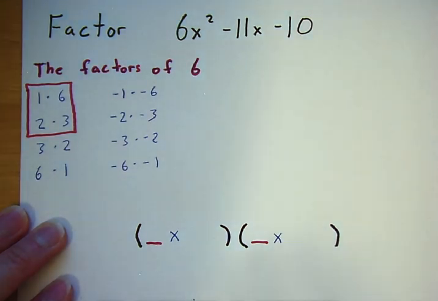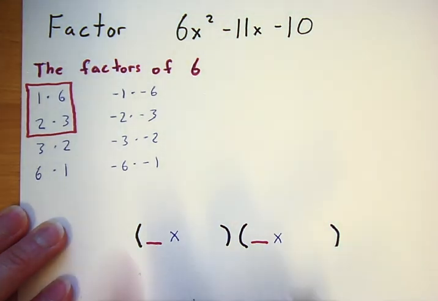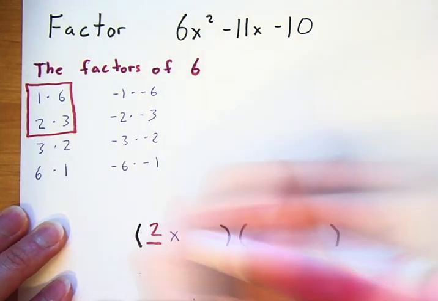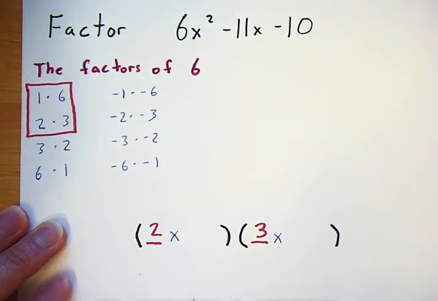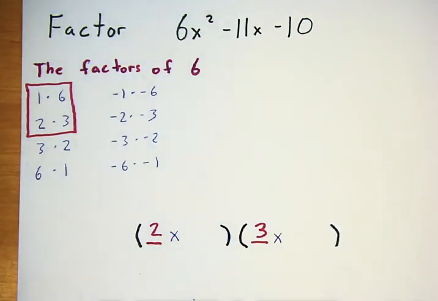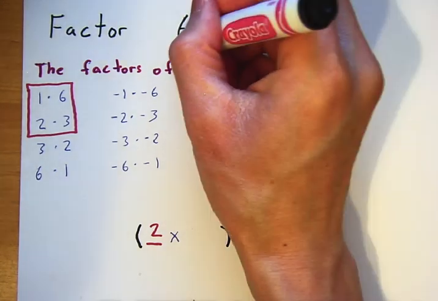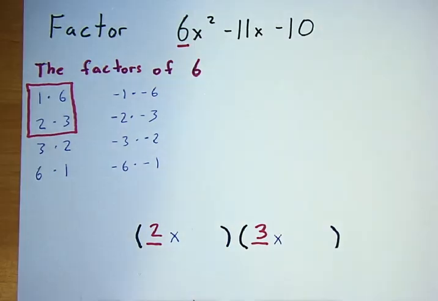This is just at this point sort of a guess. I'm going to choose this 2 and the 3. Later on, I'll explain a way to guess better. But for right now, we're just sort of guessing that when I factor it, this will be a 2 and that will be a 3. Okay. So we just found the factors of 6.